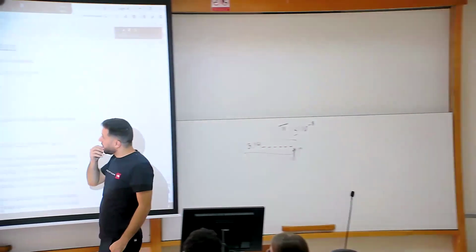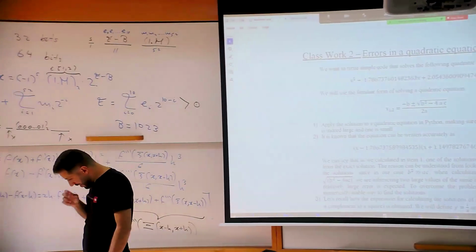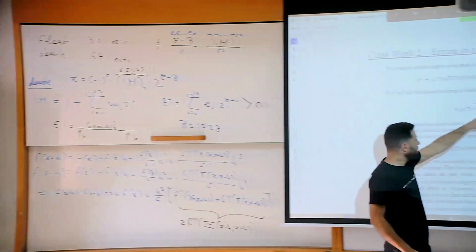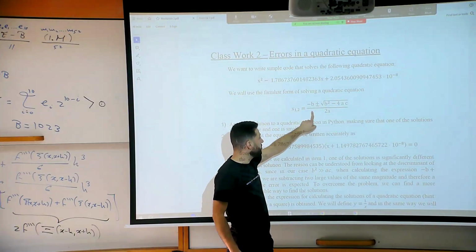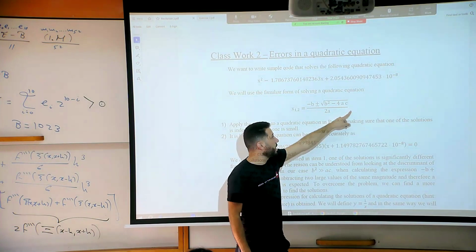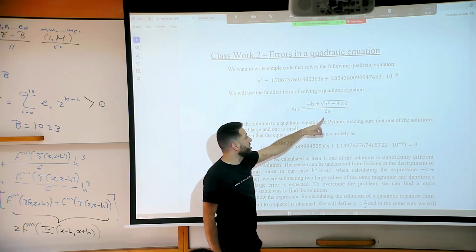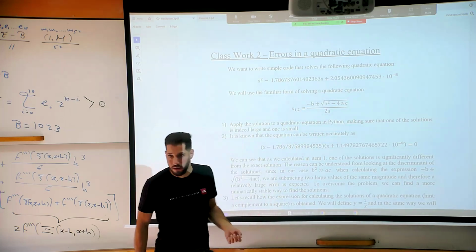But here we have a very small root. Let's see how we get this root. Assume that B is positive. If B is positive, 4AC is much smaller than B squared.